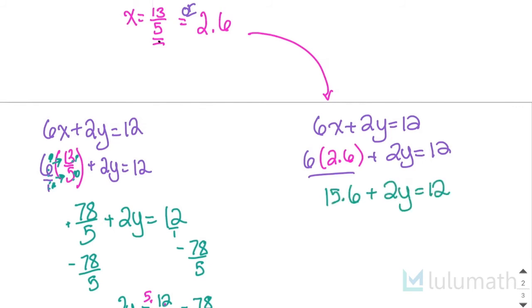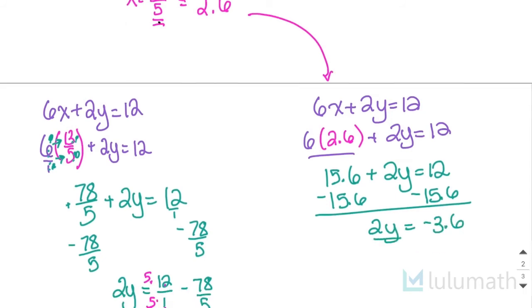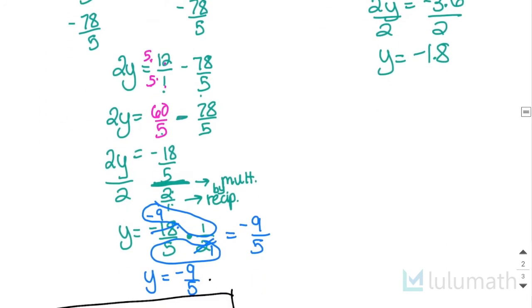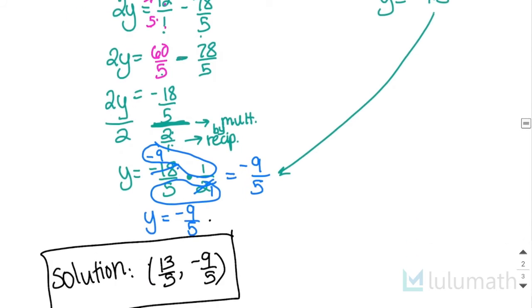Subtract the 15.6 from both sides, and I end up getting 2y equals negative 3.6. Divide both sides by 2, and I get y equals negative 1.8, which is exactly what negative 9 over 5 is. So we can also say that our solution is 2.6, negative 1.8.